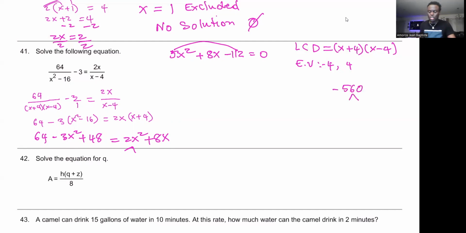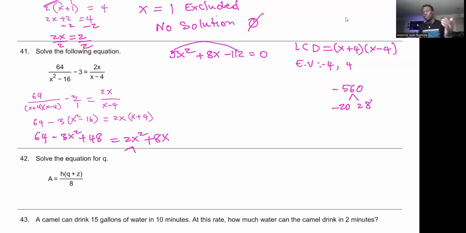We need two factors of negative 560 whose sum is positive 8. Well, we're going to do some work. We can start with 2 times what equals that, and keep going. The values are negative 20 and positive 28. These are the two values.